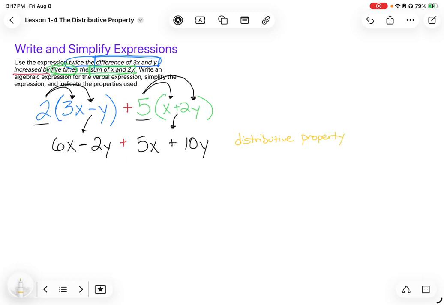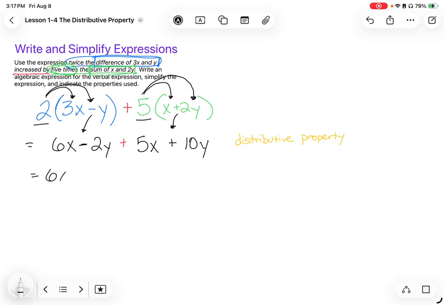Okay, now the next thing we're going to do is see if there are any like terms we can combine. And one of the things that we should do before we combine our like terms is we should move anything that is the same type of term together. So let me be a good mathematician and put my equal sign here. And now what I'm going to do is just move some terms around.